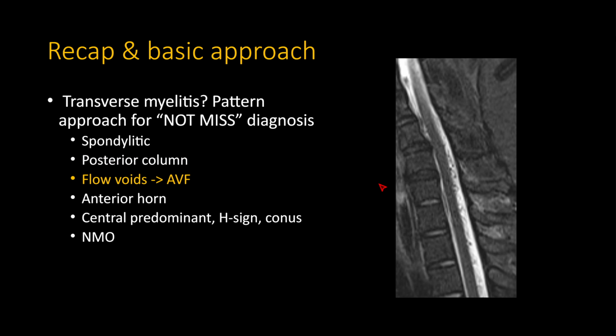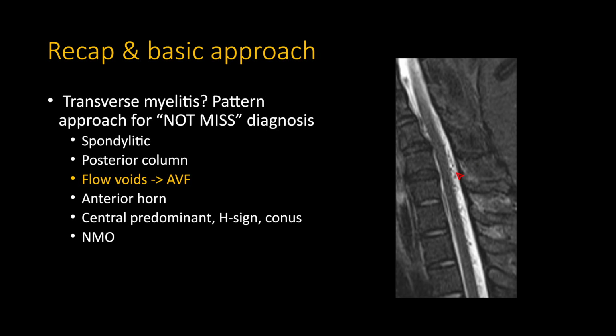Also very important is to look for flow voids, because if you see flow voids, you absolutely have to suggest the presence of an arteriovenous fistula, and that is obviously a very different management approach compared to other inflammatory causes of transverse myelitis.